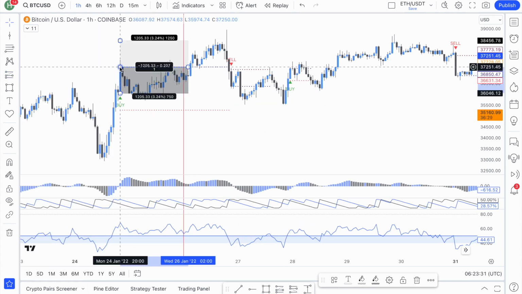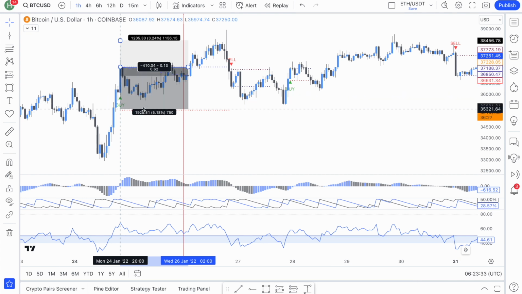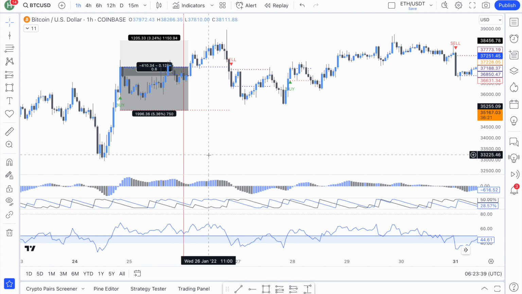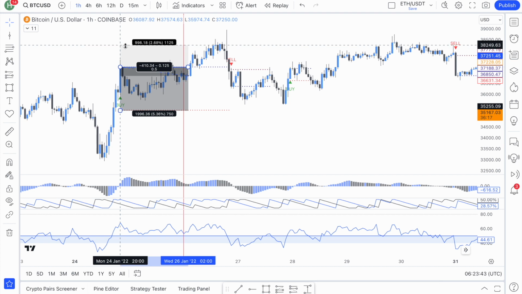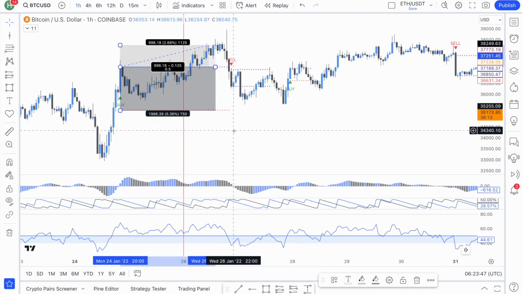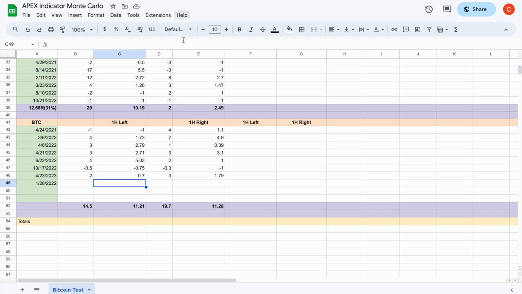Long signal. Wide stop actually for that. But we would have gotten a divergence here right at the top of this marker. So 0.5 and 2%.